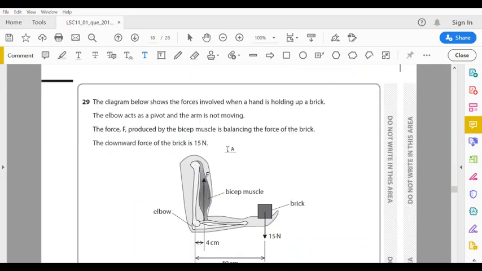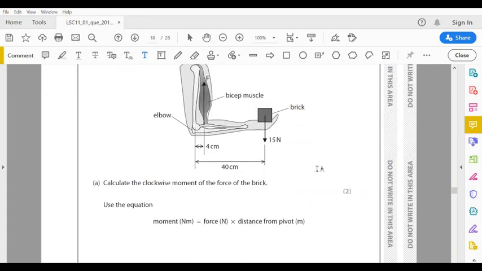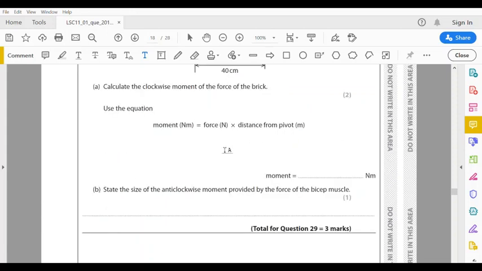Next question. The diagram below shows the forces involved when a hand is holding up a brick. The elbow acts as a pivot and the arm is not moving. The force F produced by the bicep muscle is balancing the force of the brick. The downward force of the brick is 15 newtons. In between the force and the pivot is 4 centimeters. Here we have 40 centimeters. The equation is given. Calculate the clockwise moment.